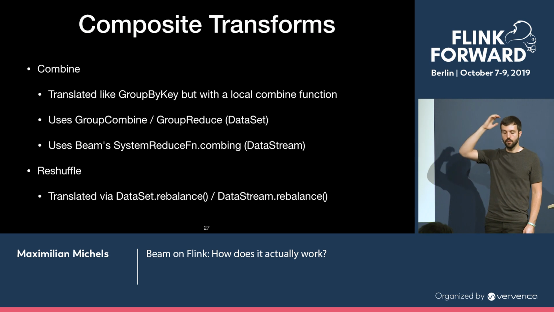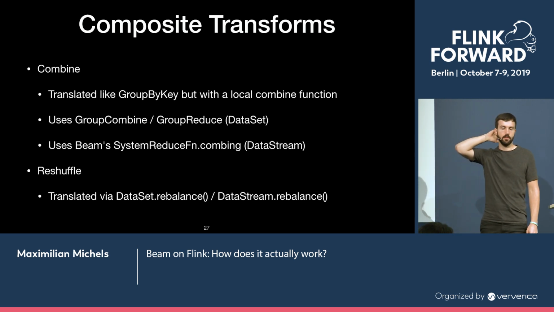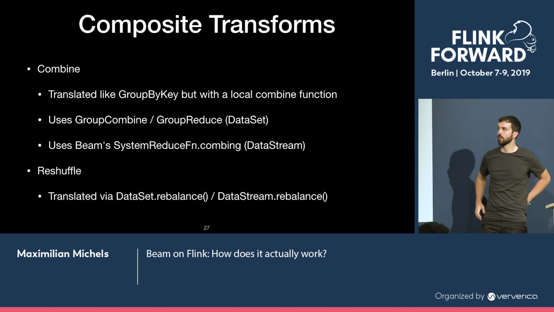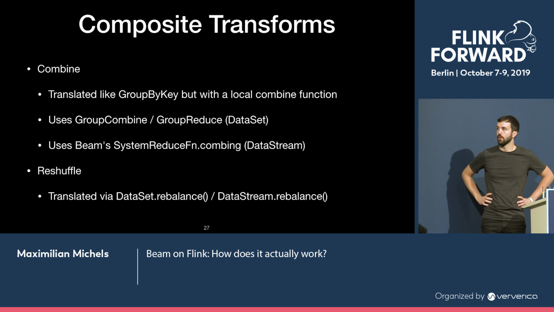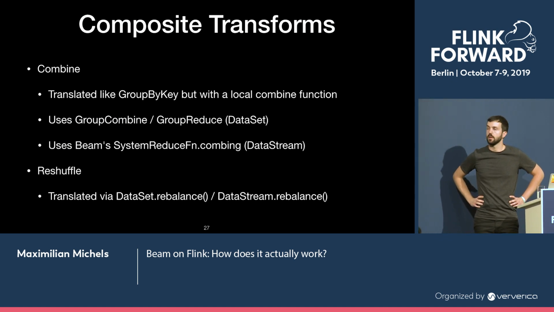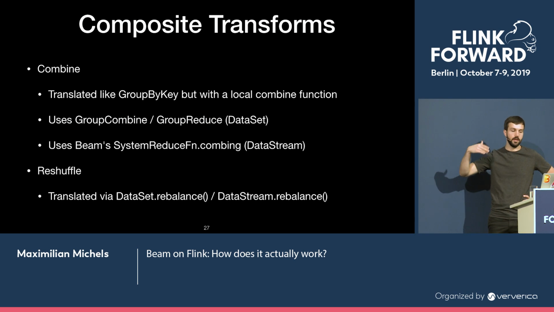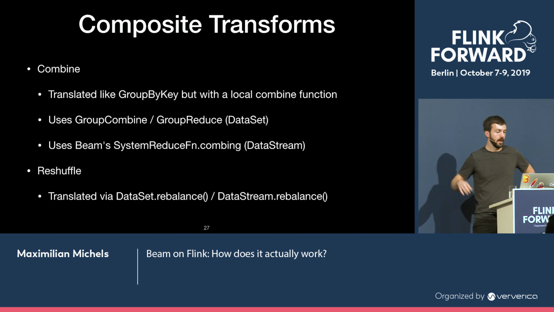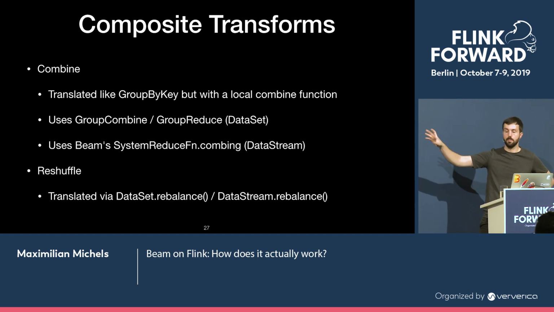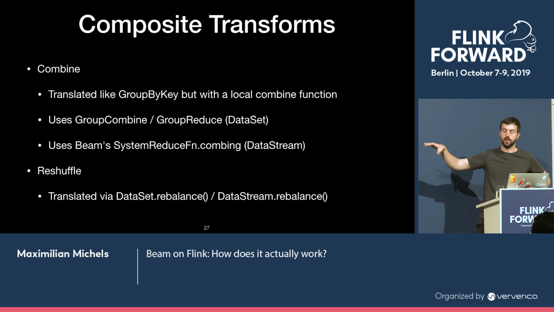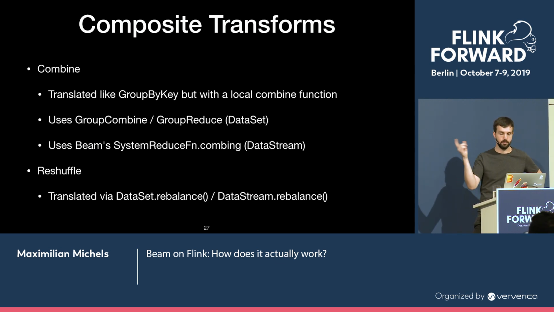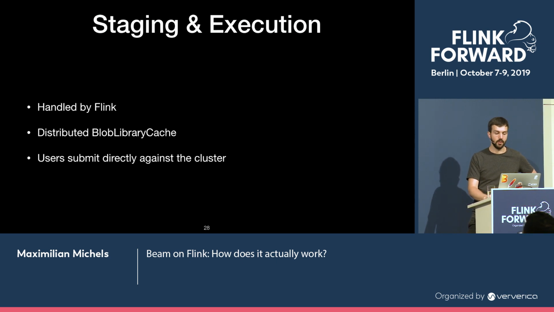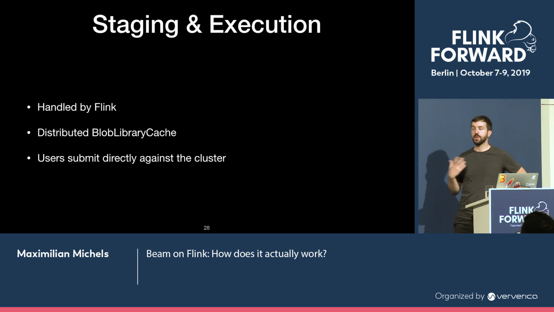And for streaming, again, we use functionality provided in Beam called the system reduce FN, and it actually has a way to also do a combine already when we receive the data, so we don't end up buffering a lot of data which can already be combined in memory. The other composite transform is Reshuffle, and we just use Flink rebalance, which evenly partitions the data among the task managers.